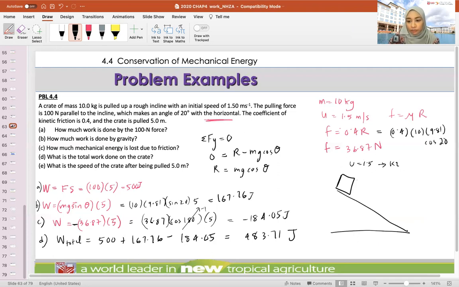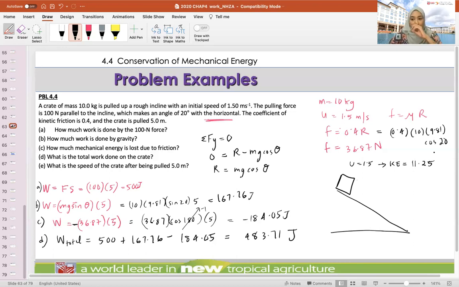So this is going to give me KE of 1/2 times 10 times 1.5 squared. So this is 11.25. I hope I'm correct. Let me calculate again. m is 10 times 1.5 squared divided by 2.